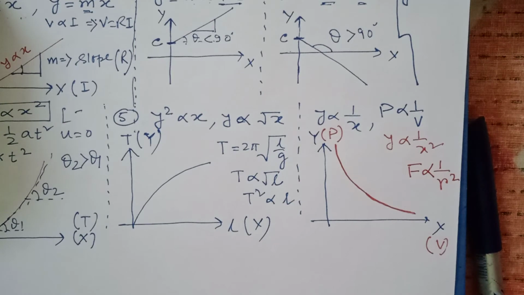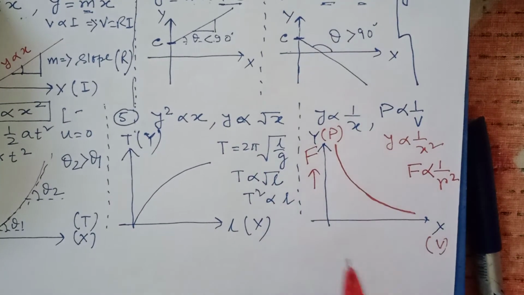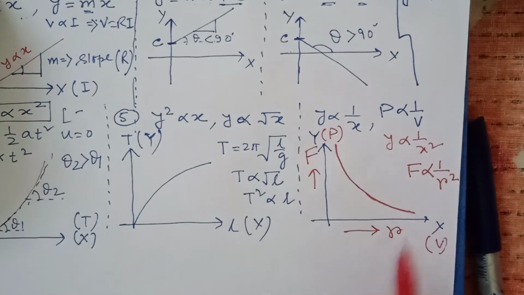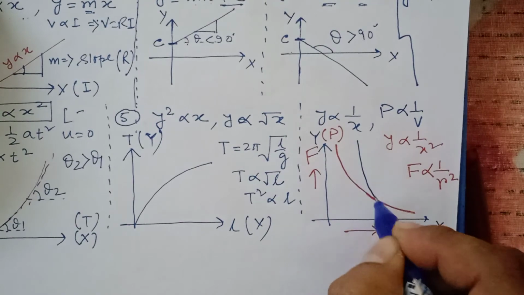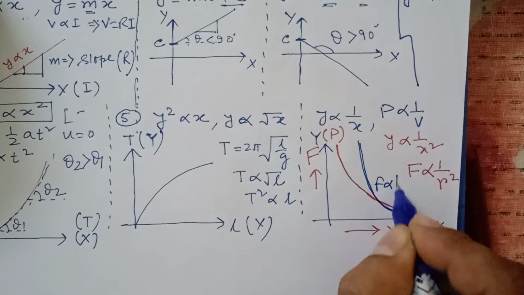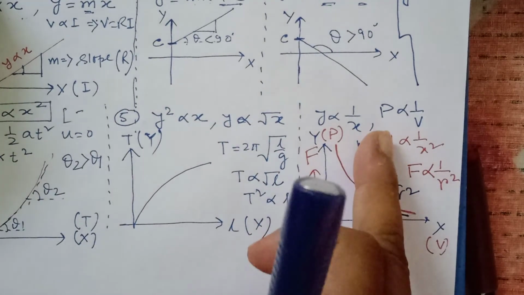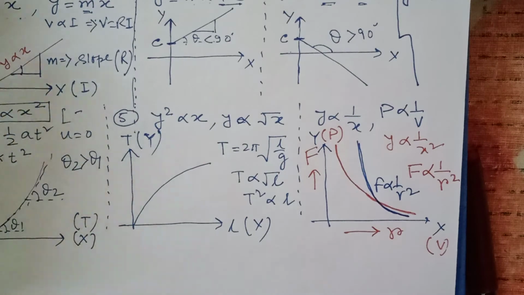In that case, suppose you plot force along y and distance along r, then the graph will be steeper than the previous, like this. It means F proportional to 1 by r square. The graph will be a rectangular hyperbola, but it will be steeper.